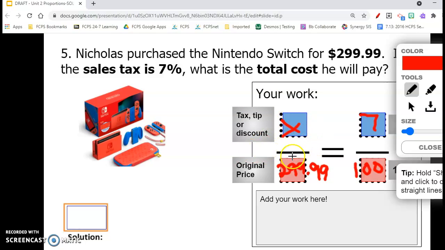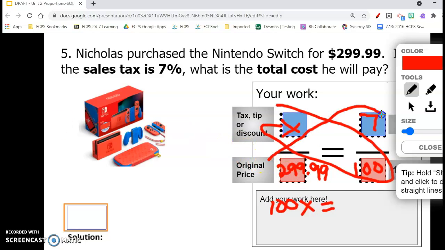This is a two-step process. Let's just do our regular cross multiplication. That's 100 times x equals $299.99 times 7. We're just going to use that in our calculator. 299 times 7 gives us 2,099.93.